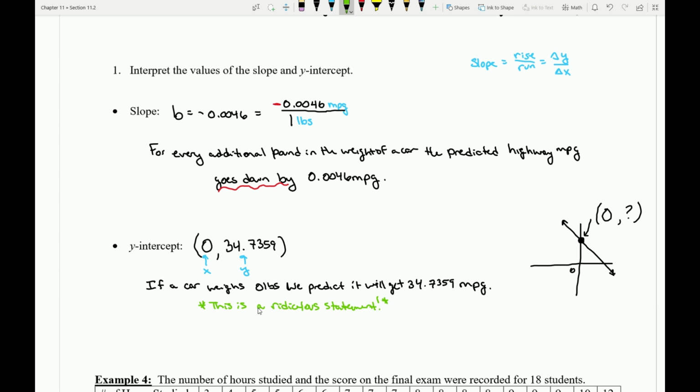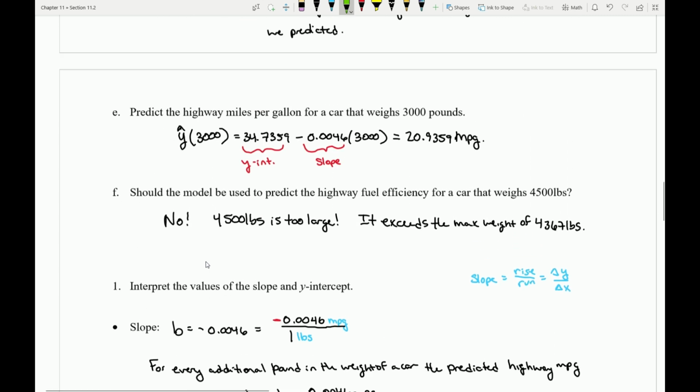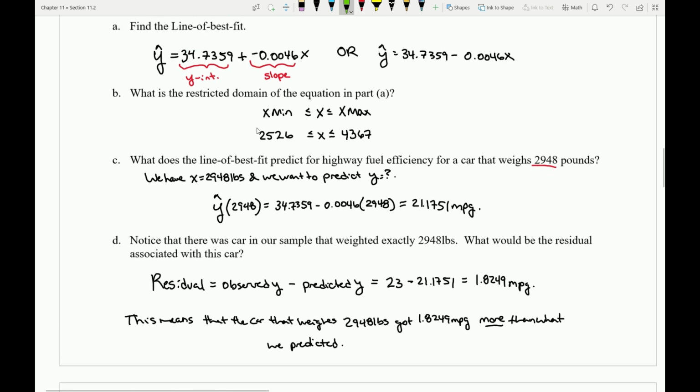So of course, I might have expected that I could get a ridiculous statement here, because remember, if x is 0, is that actually an acceptable x to use with this line? And what I can see is, no, 0 is not even close to falling inside of this interval, so there's no way I would want to use 0 and trust the result that comes from it.